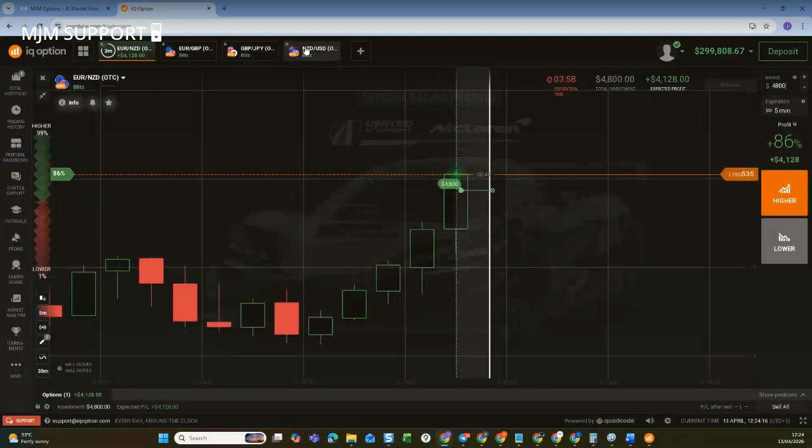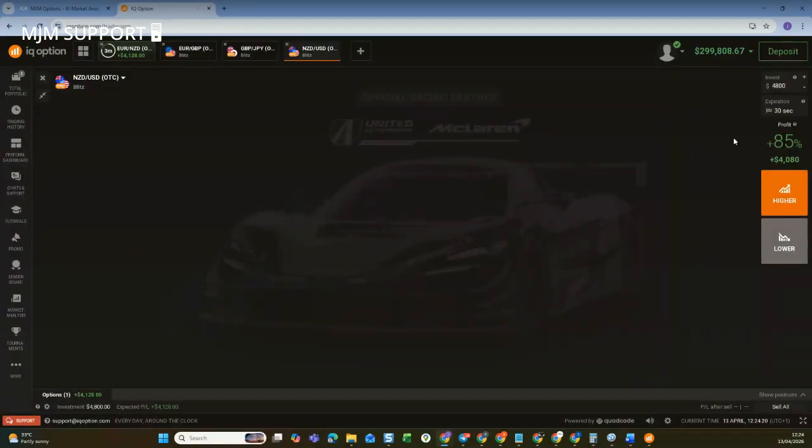I can't see the charts. It's supposed to be NZUSD. I made a mistake as I reloaded my chart, back to Euro NZ, so I took a buy instead. And I didn't know I was not taking it on NZUSD.